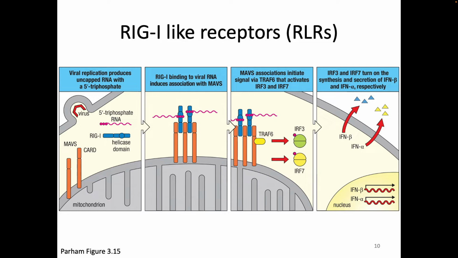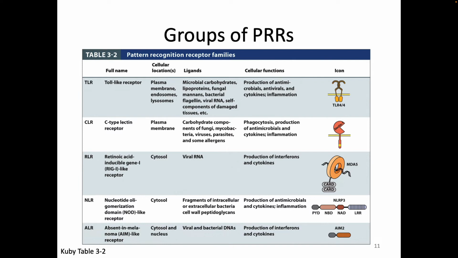I will say more about, maybe, depending on time, SARS-CoV-2 later. But a member of the RLR family, specifically a member named MDA5, is super important in SARS-CoV-2 responses. So then we can move on to another group.